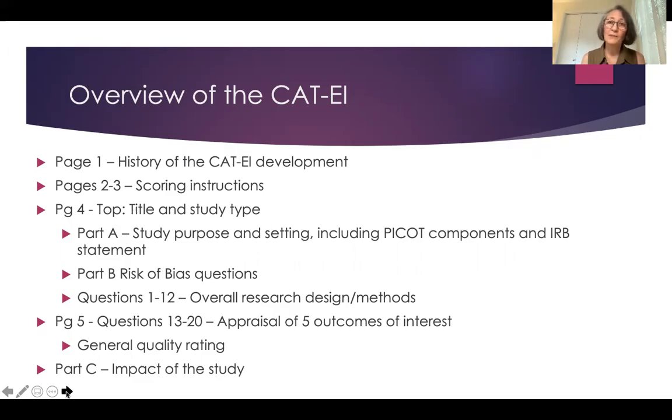Below that, you have the opportunity then for each outcome of interest to determine the overall quality rating for that outcome of interest based on both the design measures in questions 1 through 12 and the outcome measures in questions 13 through 20. Part C is an opportunity for you to describe the impact of that study result.